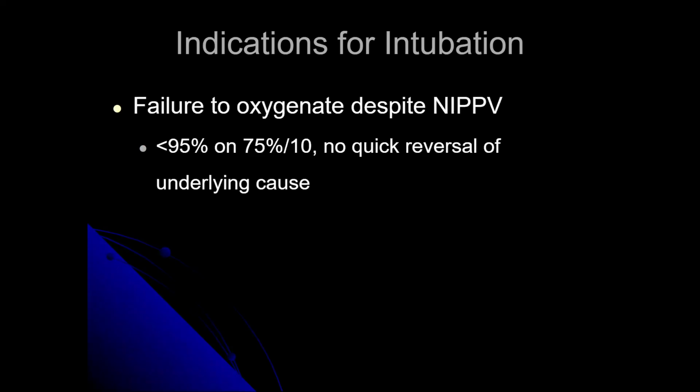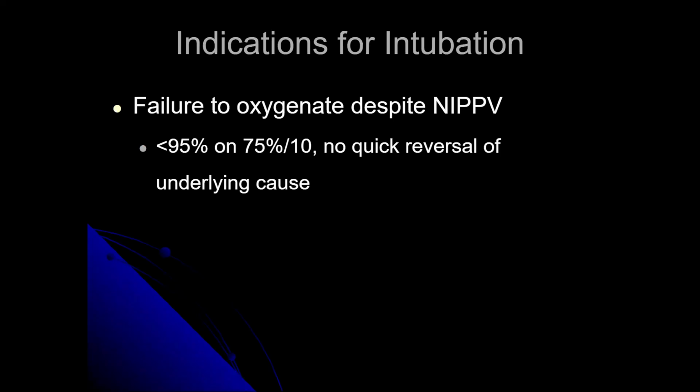But one cutoff for me is, if you're on 75% FiO2 and a PEEP of 10 and you're still saturating less than 95%, even if you're looking somewhat okay at 92%, I'm probably going to intubate you, unless I can reverse the cause very quickly. For example, if it's a pneumothorax, I'm not intubating you just so I can resolve the pneumothorax. If it's a non-reversible reason, for example multifocal pneumonia, the chances are this person is probably going to get worse. And I prefer not to intubate somebody who's on FiO2 100% and saturating 92%. That's not somewhere I want to be. Does that make sense?